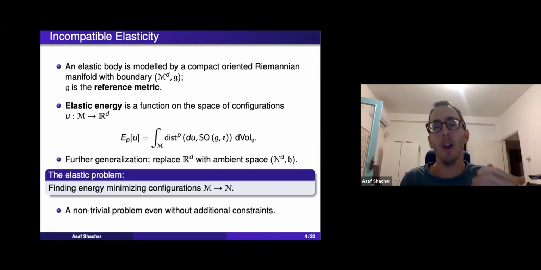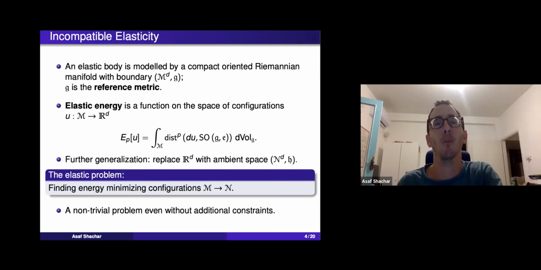For instance, if M has non-zero curvature, if the metric on M is not flat, and the target space N is just Euclidean space R^D, then of course we won't have an isometric immersion from a curved manifold into flat space of the same dimension. A map has zero energy only if it is an isometric immersion, whether weak or smooth, depending on the regularity.